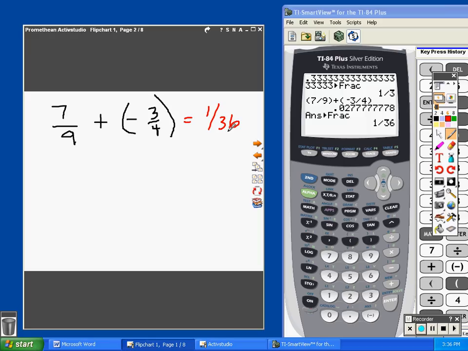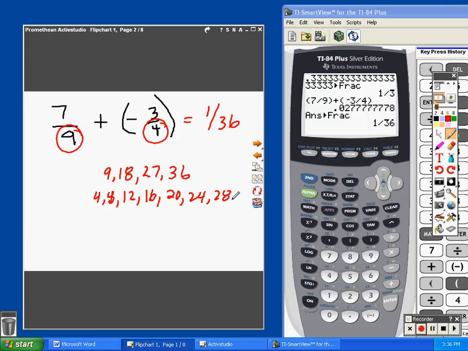And just in case you want to check that by doing it out, the common denominator is 36 because the multiples of 9 are 9, 18, 27, 36, and the multiples of 4 are 4, 8, 12, 16, 20, 24, 28, 32, and 36. And the first one that they both have in common is 36.